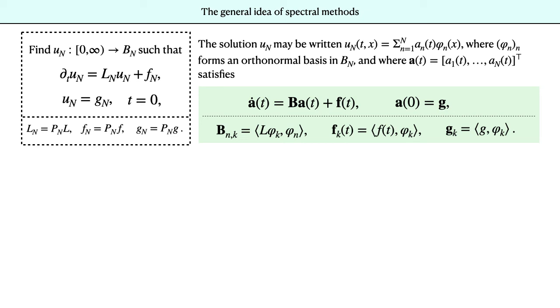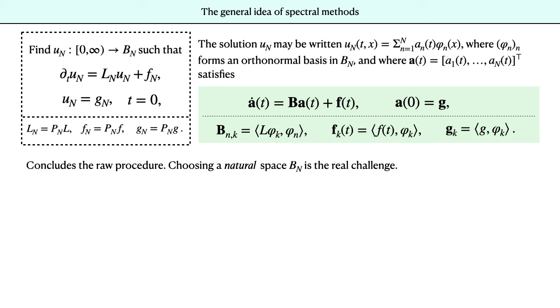Yeah, so this is the raw procedure. It's exactly the same as we saw in the examples, but this is how it's done generally. The challenge is to pick a good basis, good components.